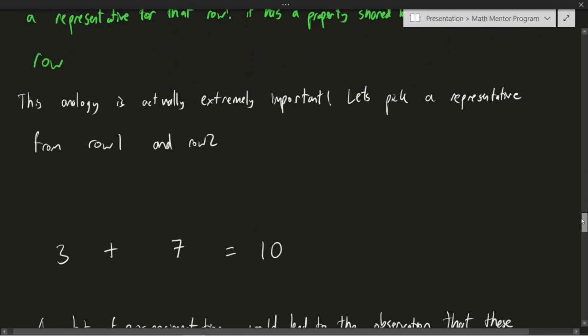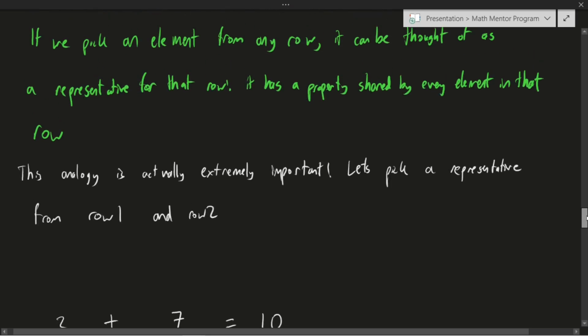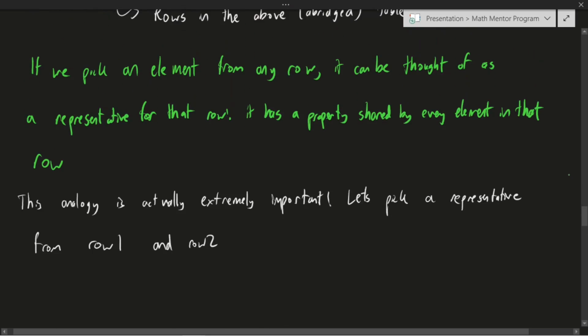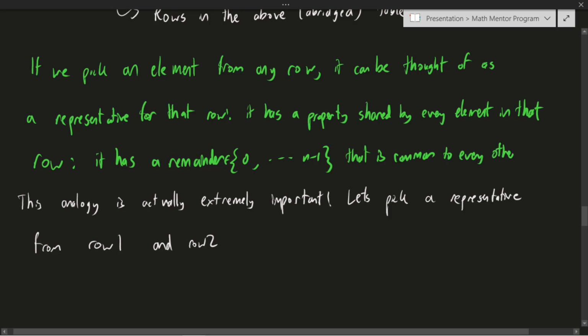So each row is an integer class, and the analogy that we want to think about, though, is that if we pick any element from any row, it becomes a sort of representative for that row. It has a property shared by every element in that row, and that property is that it has a remainder between 0 and n minus 1 that is common to every other element in the row.